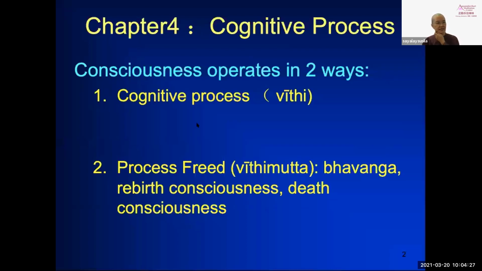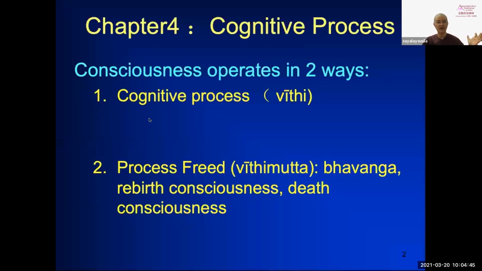We have studied 89 types of consciousness, right? And how does consciousness operate? It's a very important subject. Consciousness operates in two ways.